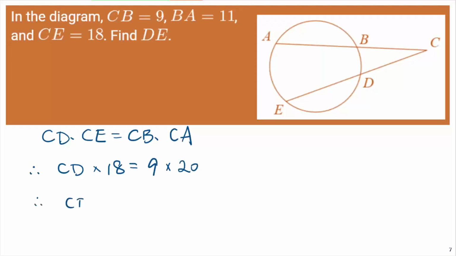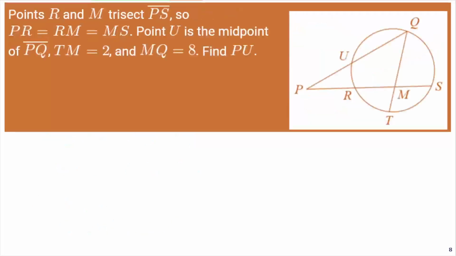Therefore, we have CD equals 10 and DE equals CE minus CD, which equals 8. Any questions? Okay, great. No questions. Let's have a look at another one.